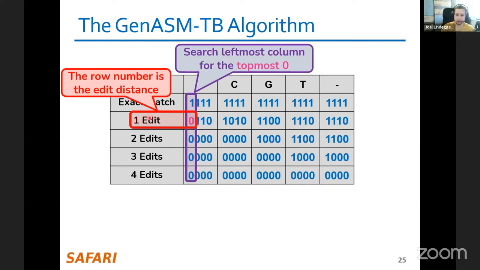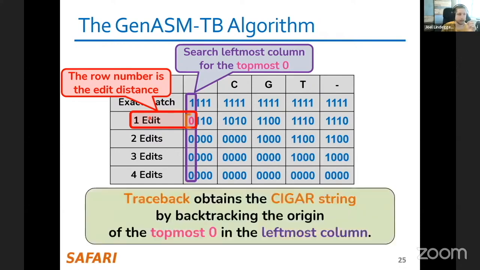And what they realized in this GenASM work is that, okay, if we store the entire table, we can do some traceback from here. This works by backtracking where the 0 came from, which turns out we have to follow some kind of path of zeros back to the top right.